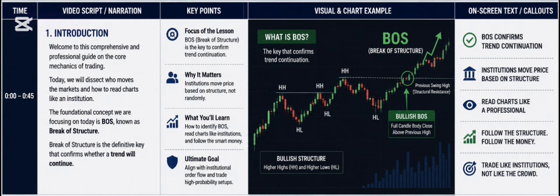Once a change of character prints and the trend reverses, subsequent breaks are called break of structure. Therefore, change of character happens exactly once at the absolute turning point of a trend.